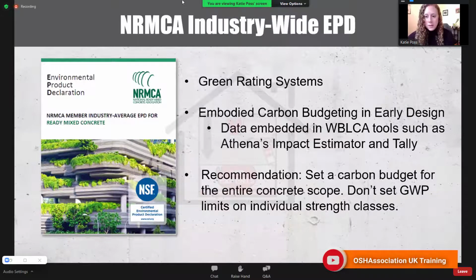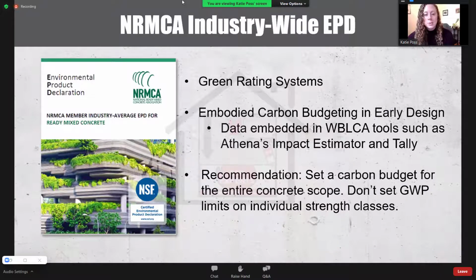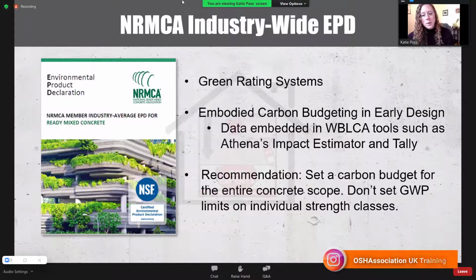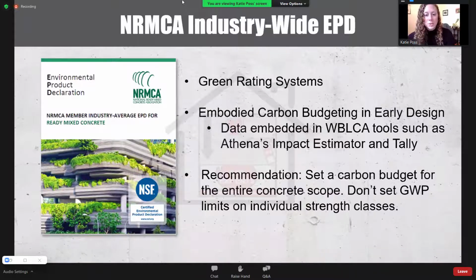But if you know the strength class and you know your target SCM content, you can use the industry-wide EPD to set a carbon budget for the concrete scope and work with the concrete contractor, the GC, and the ready-mix supplier to establish that carbon budget during pre-con. And as the project progresses and the ready-mix supplier starts to develop their mix designs, they will be able to develop their mixes within the set carbon budget.